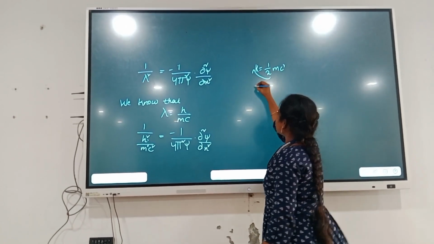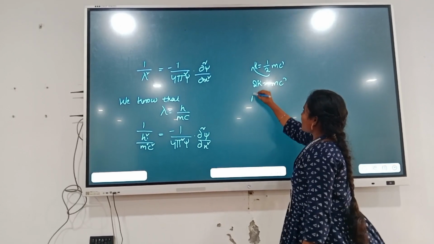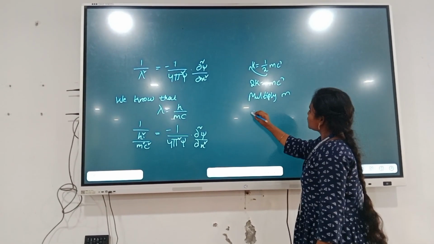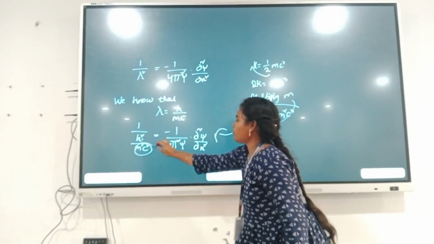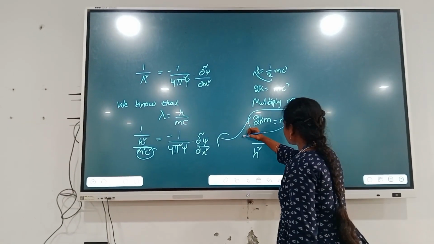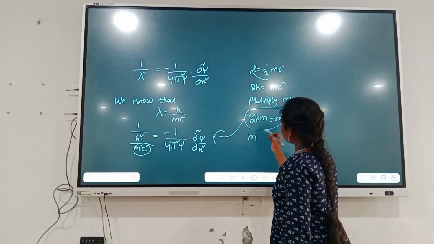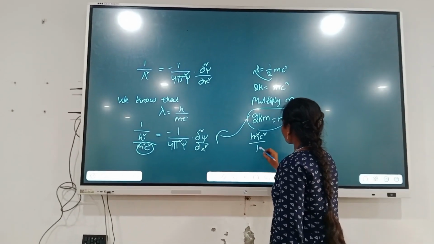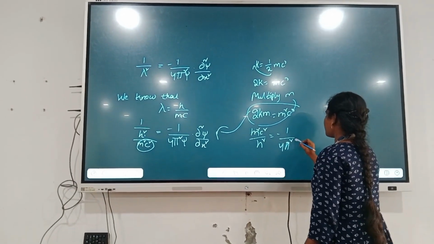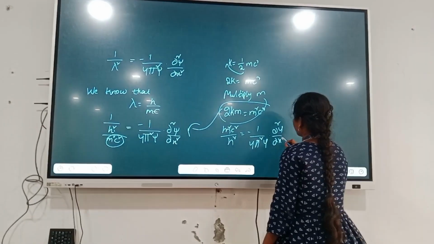From this side, a equal to mc², so multiply with m², then 1 by x². Sorry, the m² will go to this side. So h²c² by x² is equal to minus 1 by 4π² ψ into ∂²ψ by ∂x².